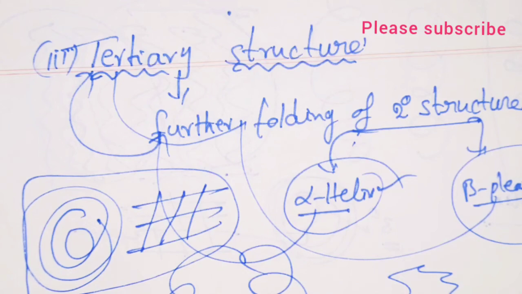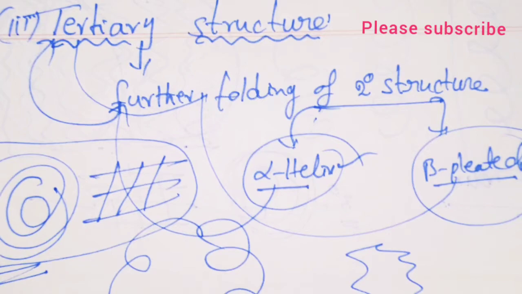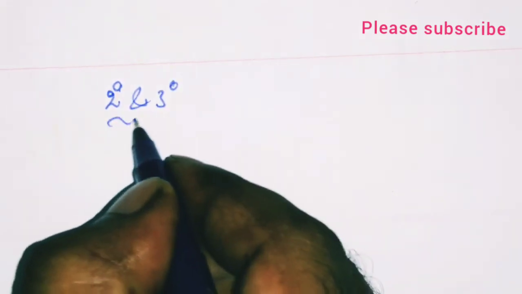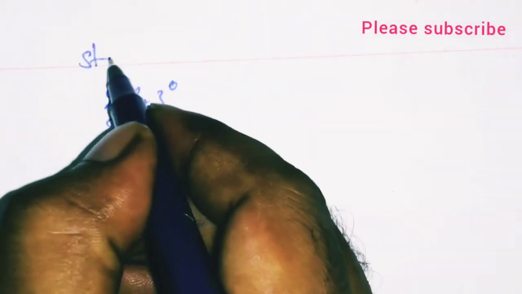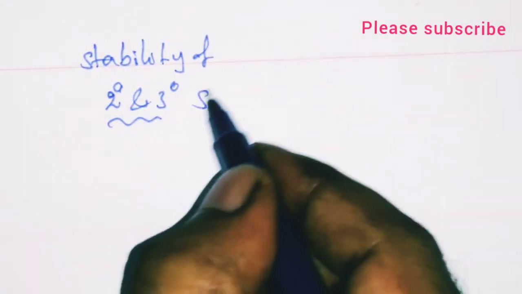Okay, but which bonds stabilize these secondary and tertiary structures? Everyone should remember, mainly some forces are there that stabilize the secondary and tertiary structures. What are the forces that stabilize the secondary and tertiary structures? Stability of secondary and tertiary structure.